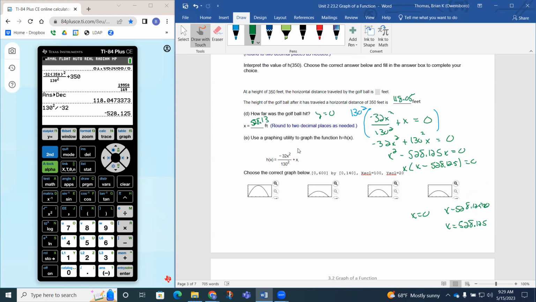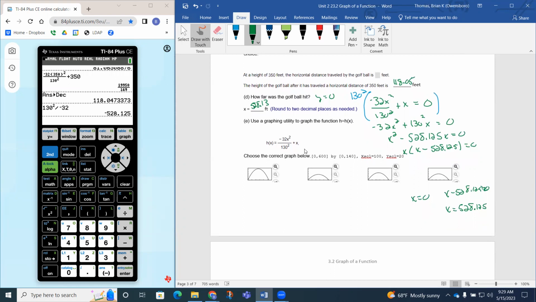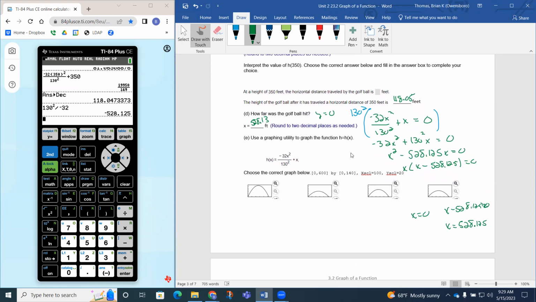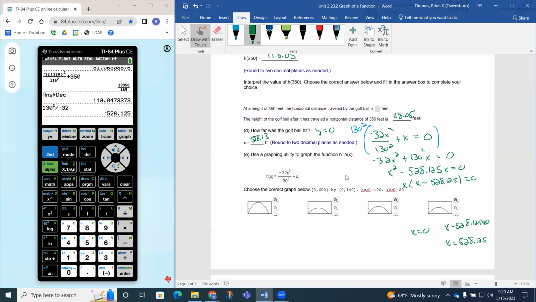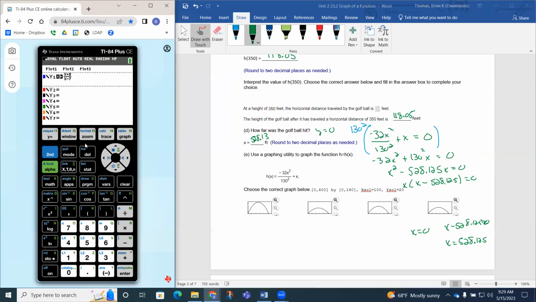It also says use a graphing utility to graph the function. All three of these look pretty good because they all make the same thing. The first thing I want to do is put this function into the calculator. If I hit the y equals button, I can clear this function off. Again, for the fraction button, I can hit alpha, or there's another place to find it under math.